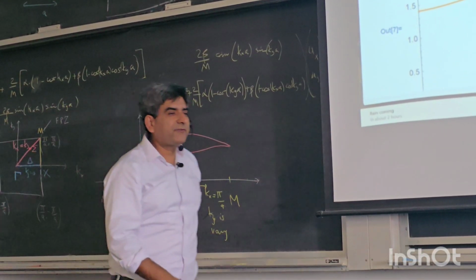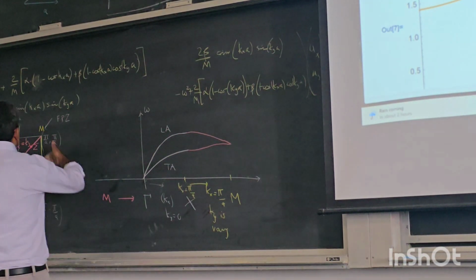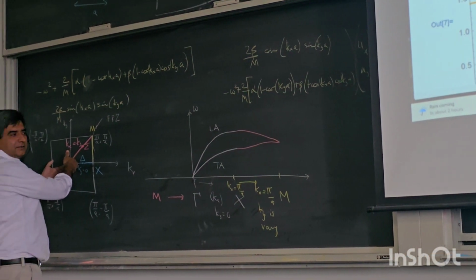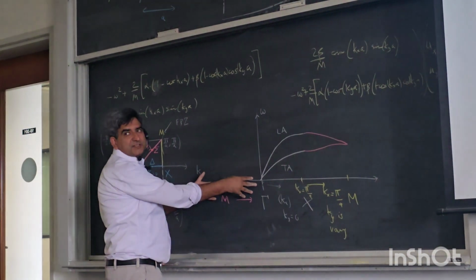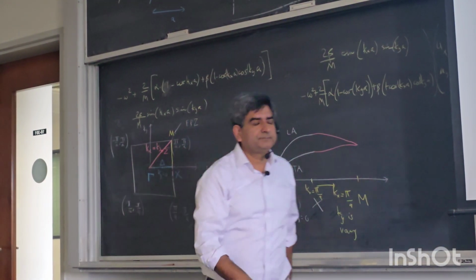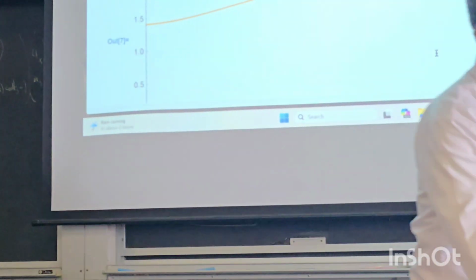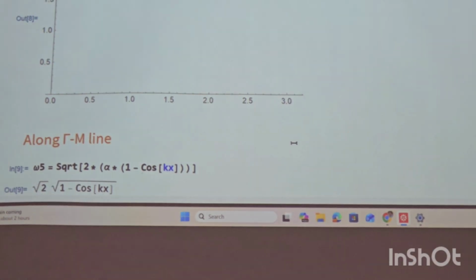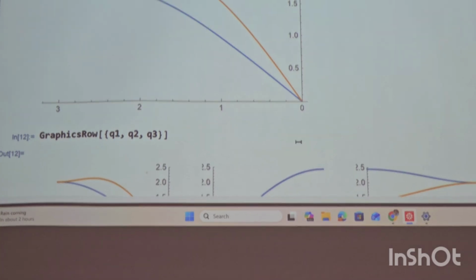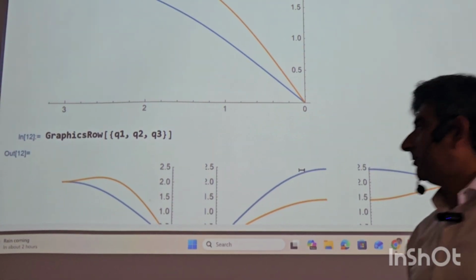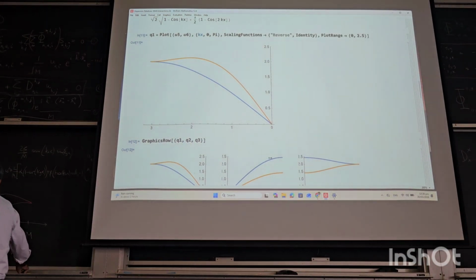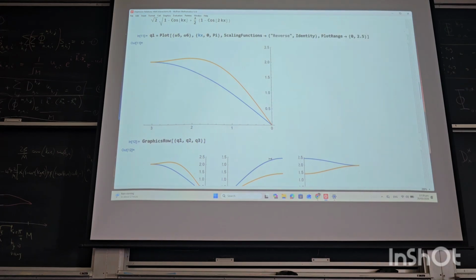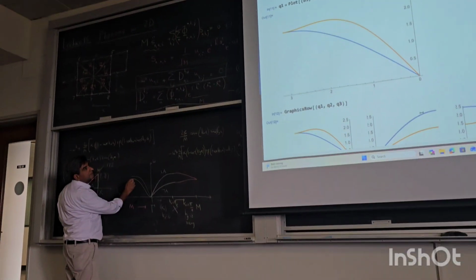Okay? Finally, if I move back from M to gamma, I can plot this section of the dispersion relationship. And this is what this looks like.